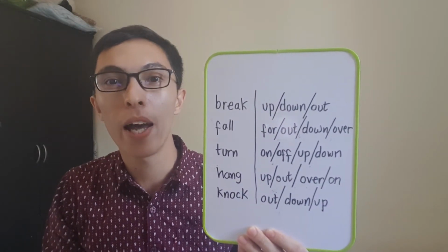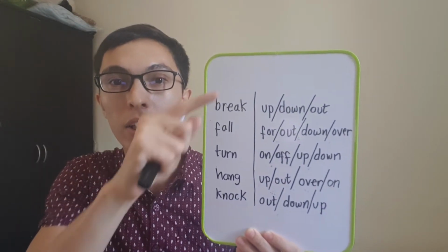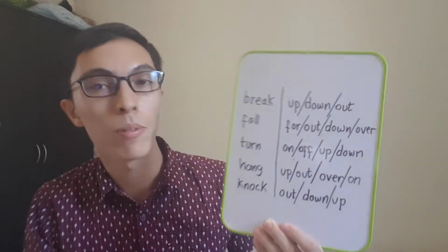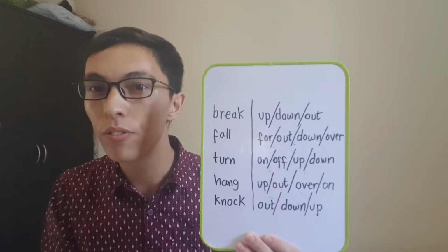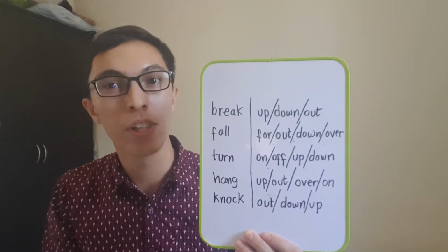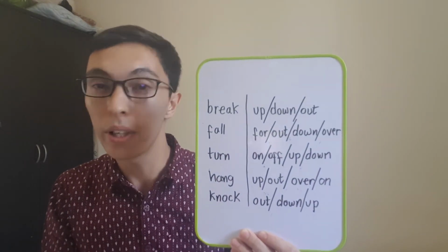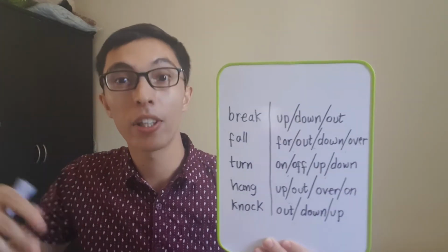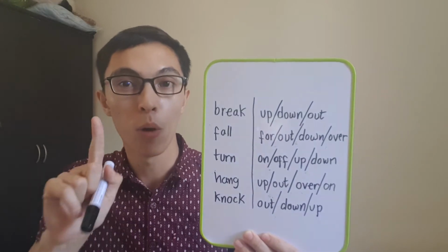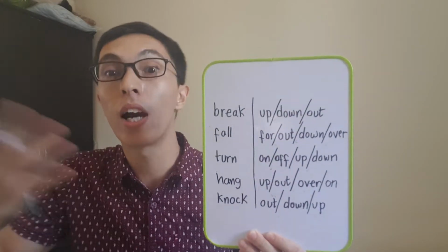Okay? What about the last one? Break, and then what is our preposition? Out. If somebody breaks out, different from break, different from break up, different from break down as well. To break out can have several different meanings. One meaning is to become free.